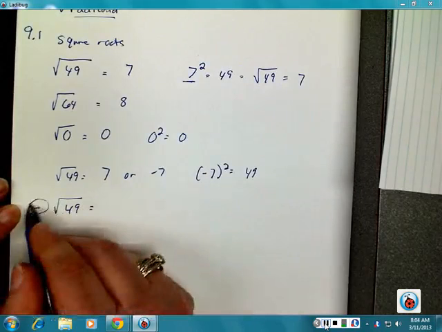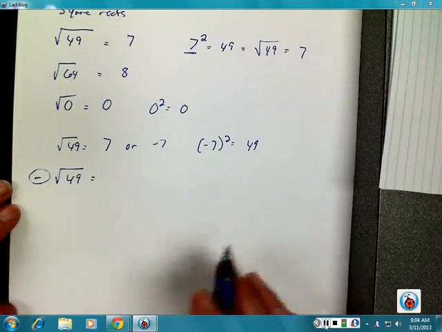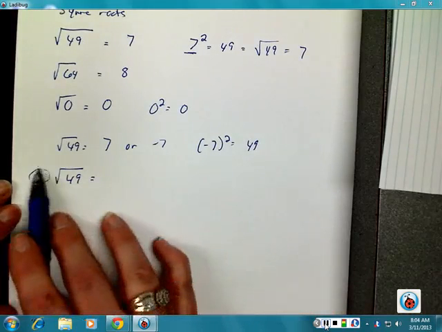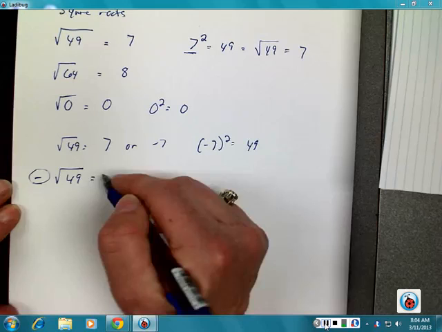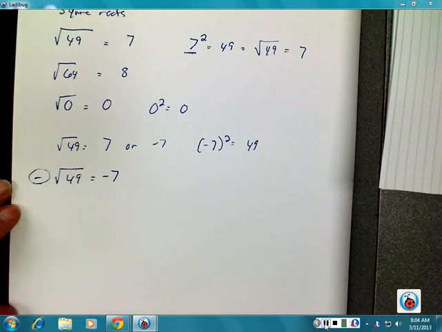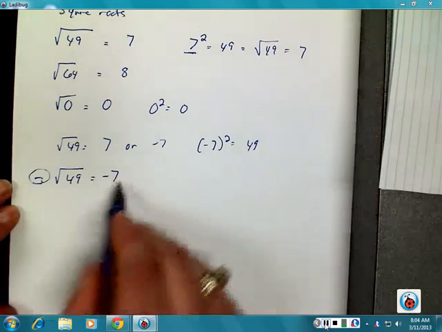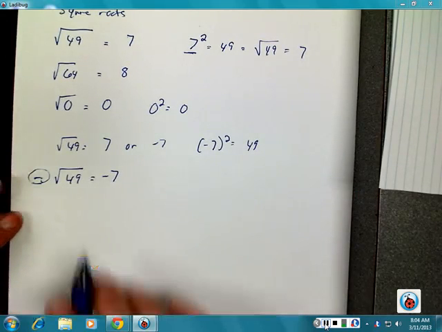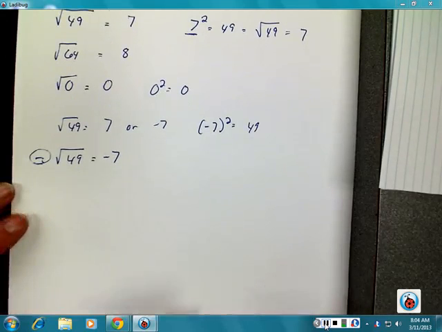With the negative sign out in front, what does that tell you? It's going to be negative, yep. This tells me that my answer is going to be a negative 7, not a positive 7, because this negative symbol out in front tells me that.